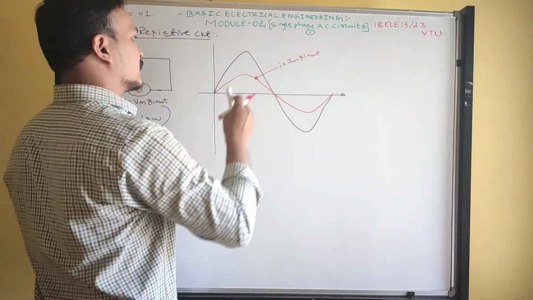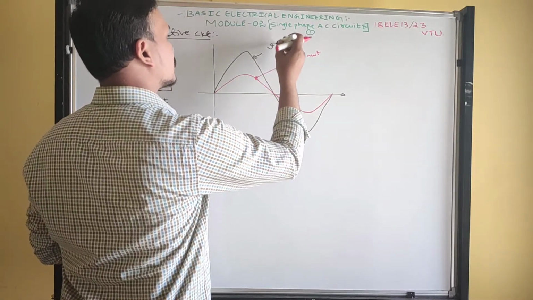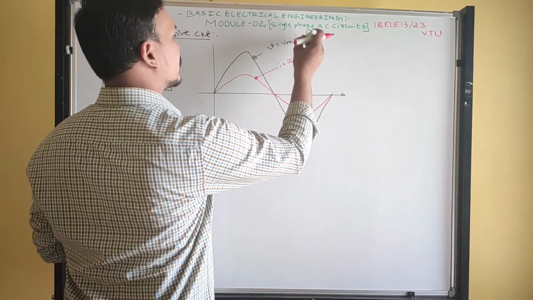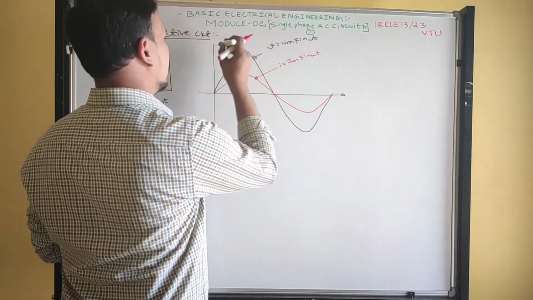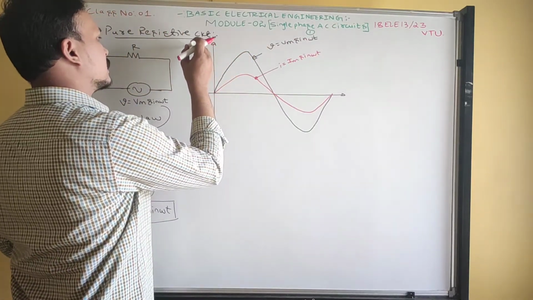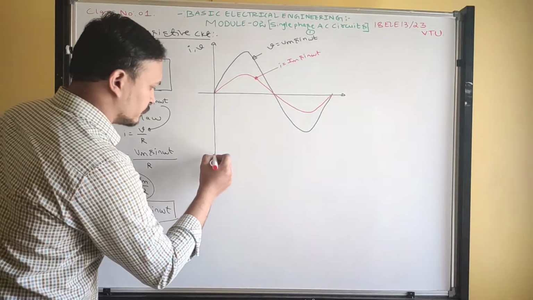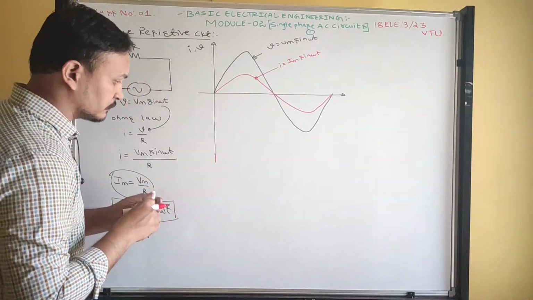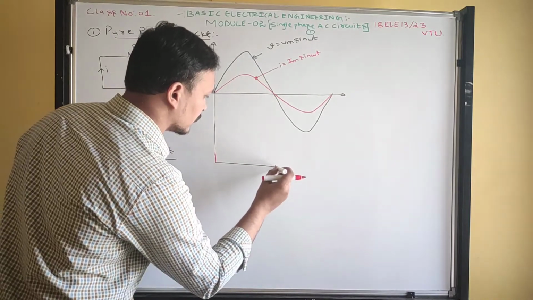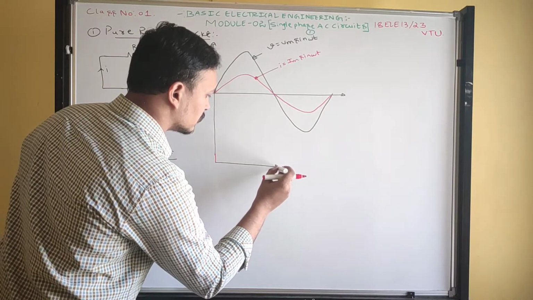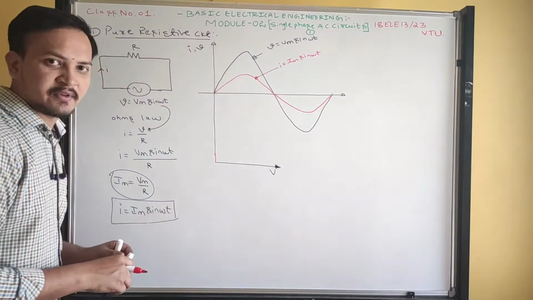What is the voltage waveform? V is equal to Vm sin omega t. So I have written both quantities, current and voltage. Now write the phasor diagram. What is the reference you have taken? Voltage. Voltage is the reference phasor.